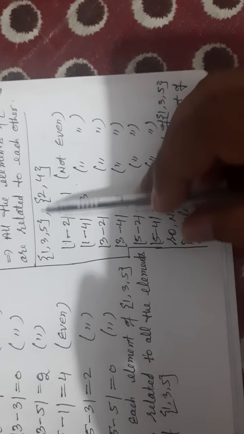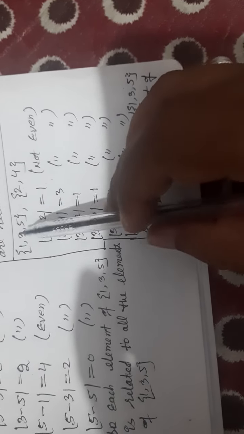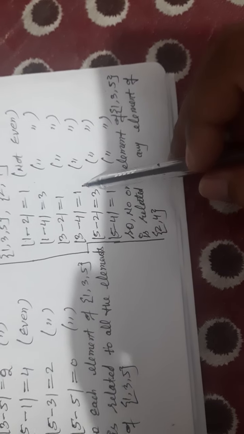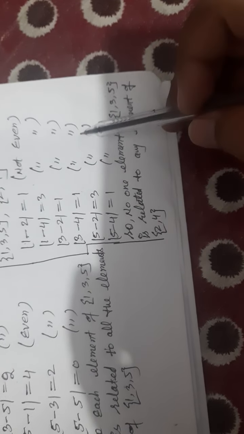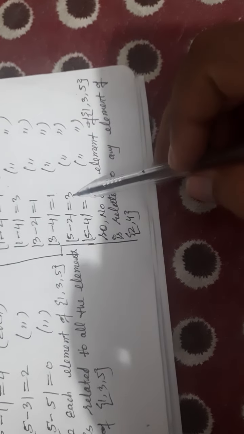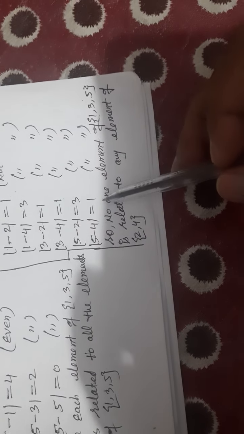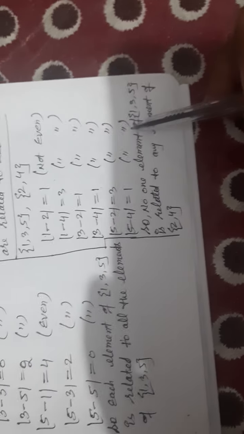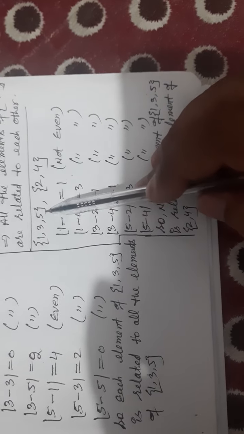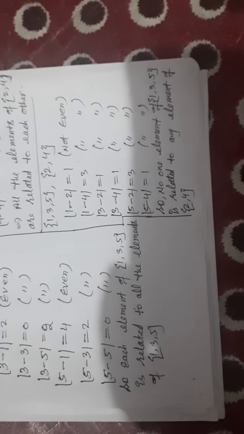Now we take 3, 2: 3 minus 2 is 1, not even. 3, 4: 3 minus 4 with modulus is 1, which is also not even. Now 5, 2: 5 minus 2 is 3, which is not even, and 5, 4 with modulus will be 1, which is not even. So no element of {1, 3, 5} is related to any element of {2, 4}. Is it clear to everyone?